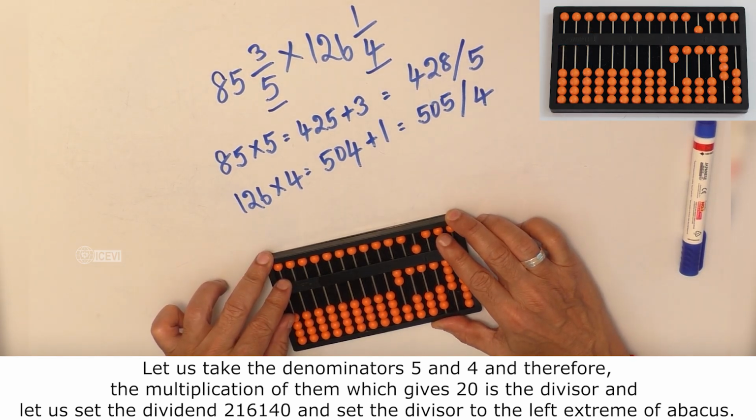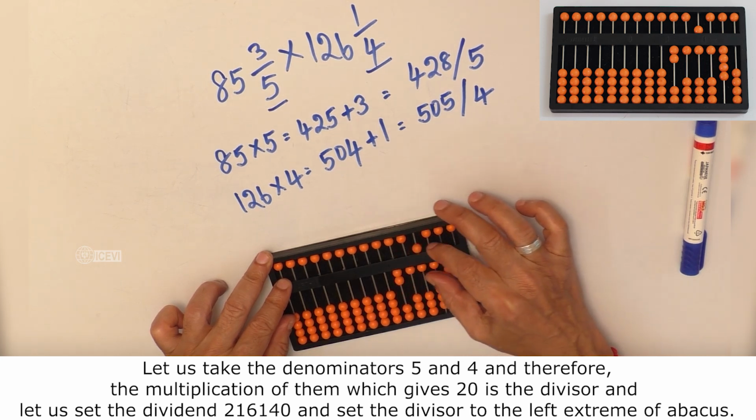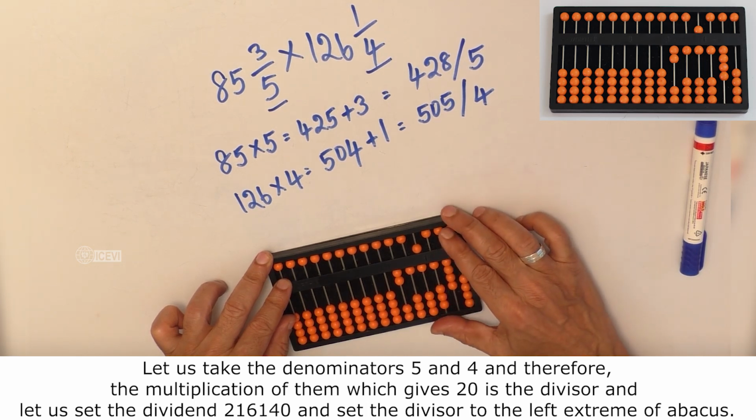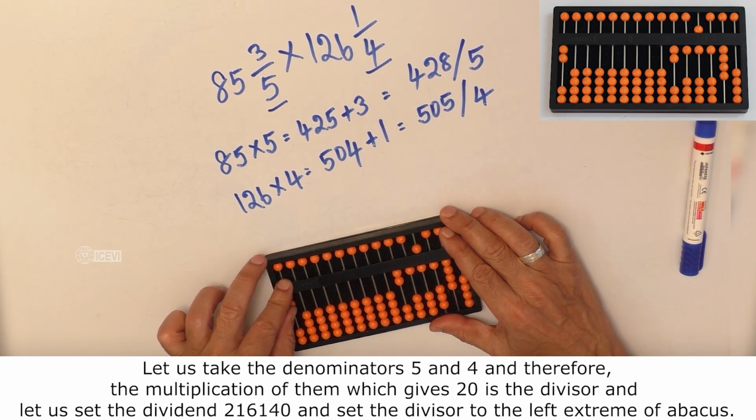Let us take the denominators 5 and 4, and therefore the multiplication of them gives 20, which should be considered as the divisor. And let us set the dividend 216,140 and set the divisor to the left extreme of the abacus.